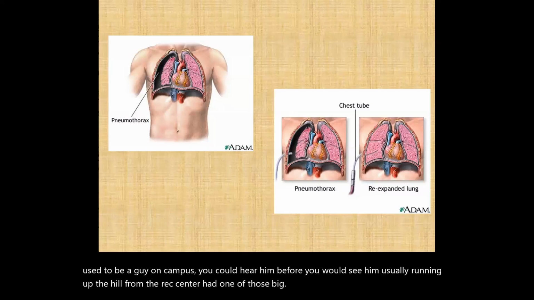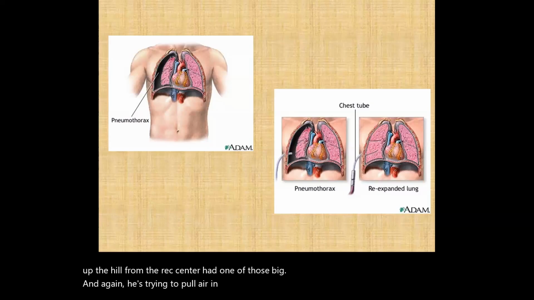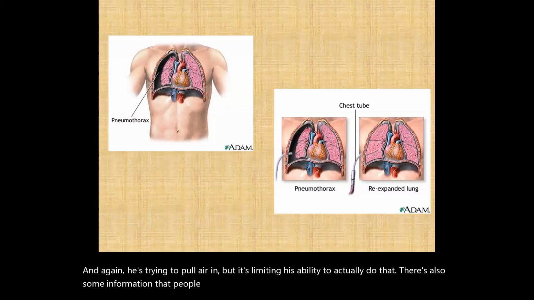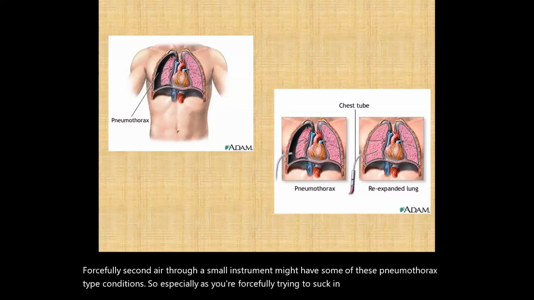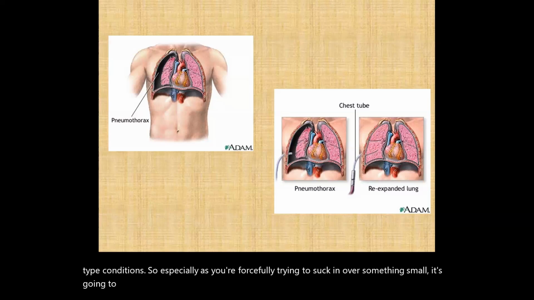And again, he's trying to pull air in, but it's limiting his ability to actually do that. There's also some information that people that are maybe recreationally trying to forcefully suck in air through a small instrument might have some of these pneumothorax type conditions. Especially as you're forcefully trying to suck in over something small, it's going to force those to work a little bit harder.